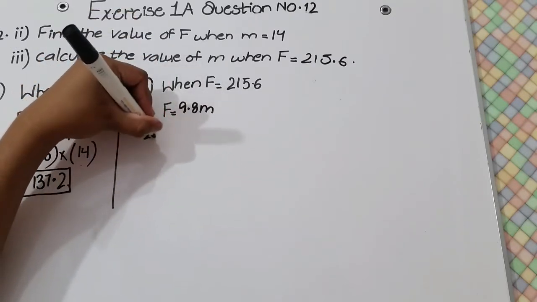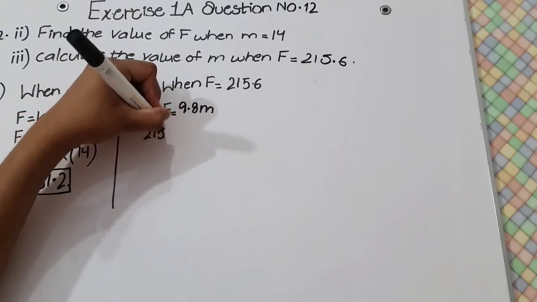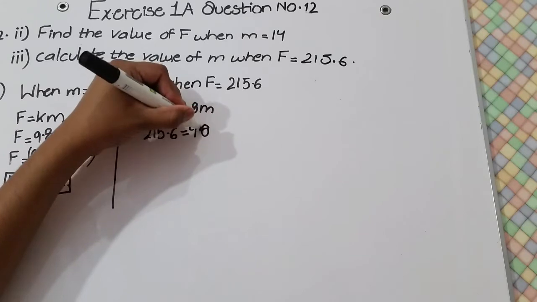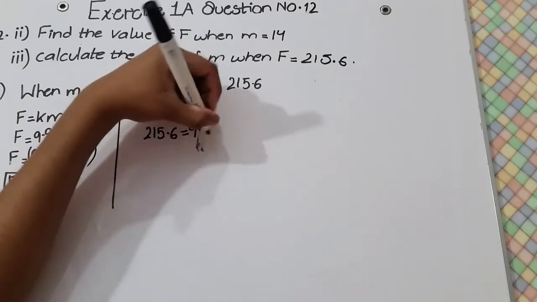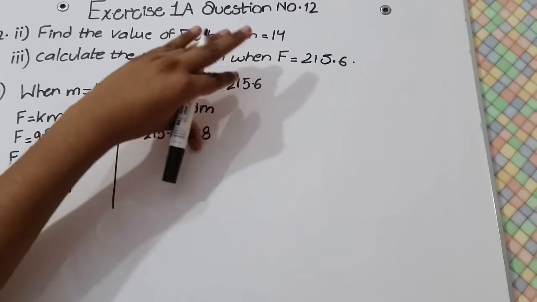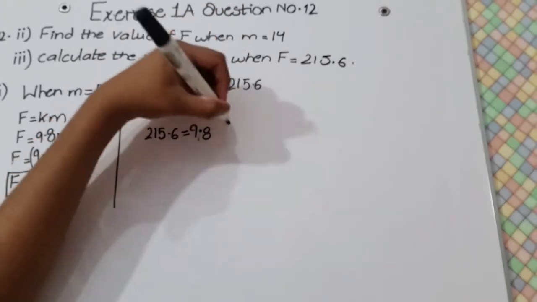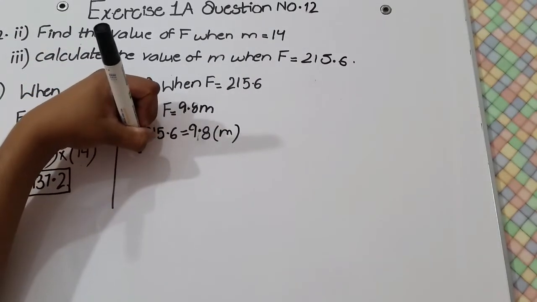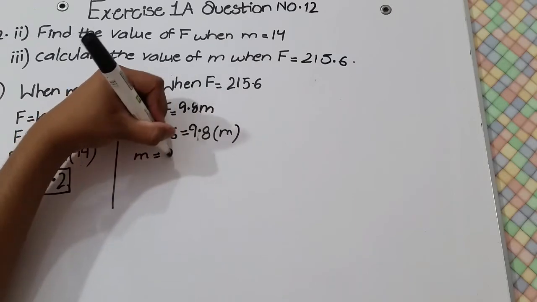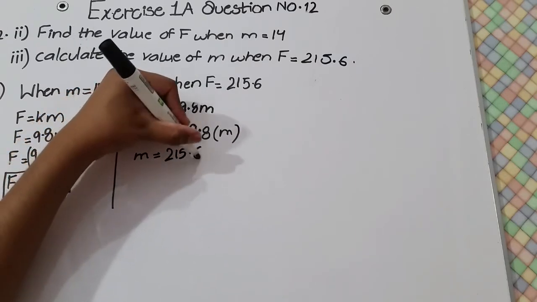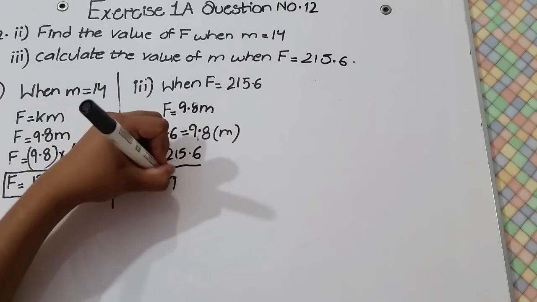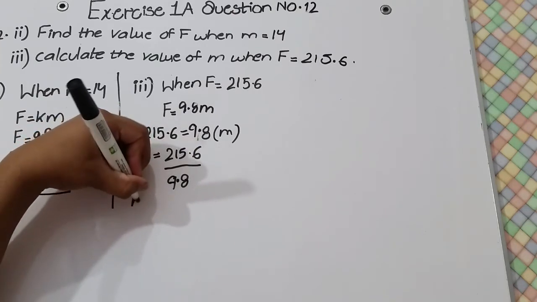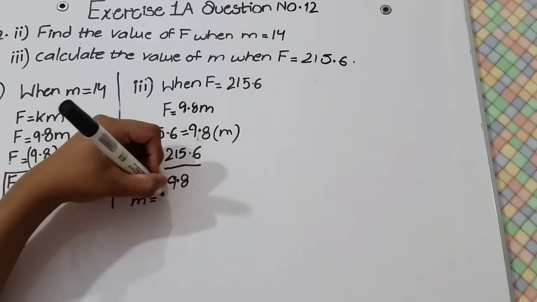The value of F is 215.6. For K it is 9.8. And m we need to find. So now we are simply going to divide these numbers. 215.6 divided by 9.8. You can divide this in the calculator, and the answer to this question is 22.